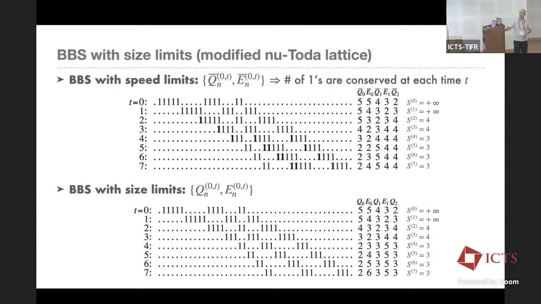But in the case of the Q bar and E bar, this is in some sense a carrier capacity model. So S denotes, in this case, exactly the carrier capacity itself. In some sense, if we know this time evolution, we can obtain this size limit evolution, just by deleting.